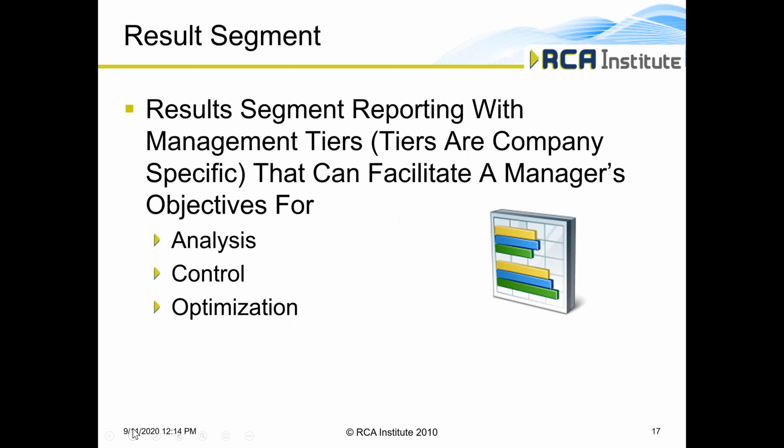The results segment reporting with management tiers, and they're company specific, can facilitate a manager's objectives for analysis, control, and optimization. There's nothing more frustrating for managers than being responsible for costs that they don't either use and certainly don't control.